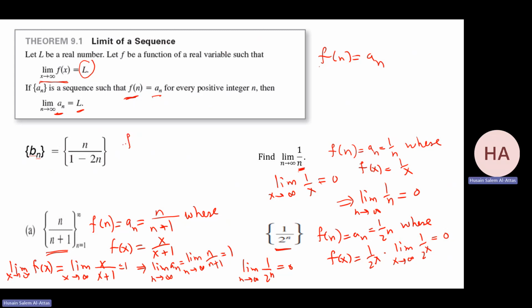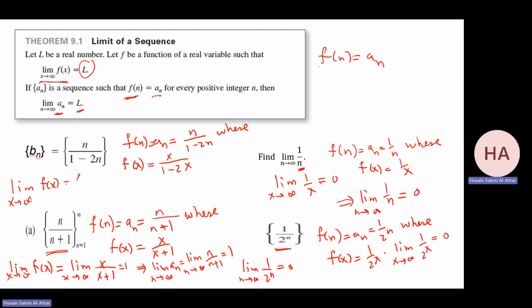This one, what is f of n? f of n, which is a_n, which is n over 1 minus 2n, where f of x will be what? Yeah, I'm doing it in details, but I hope that you will understand. So what is the limit of f of x as x goes to infinity?